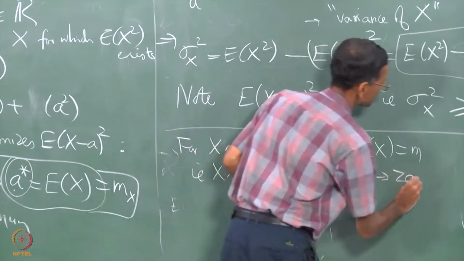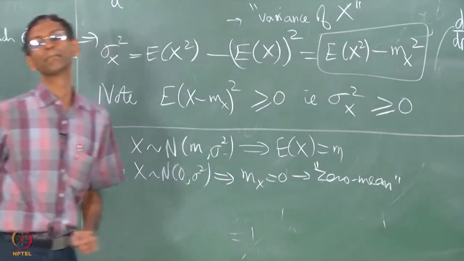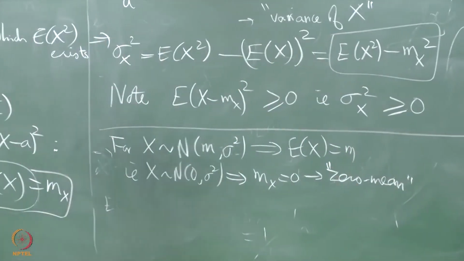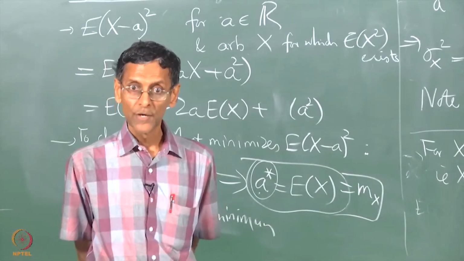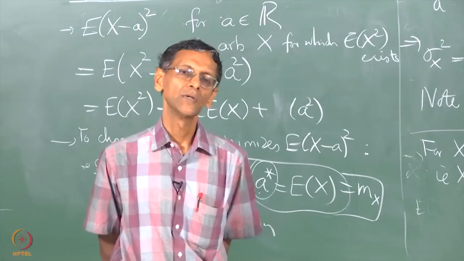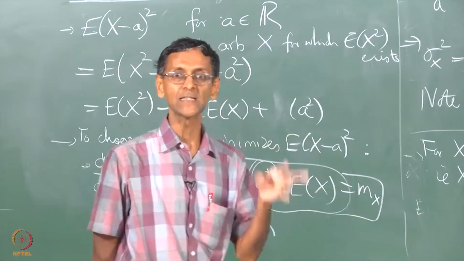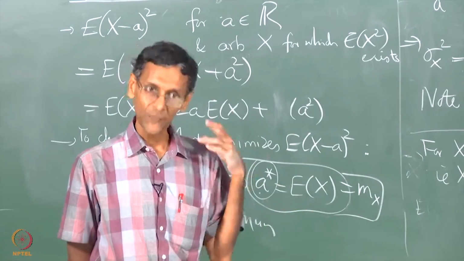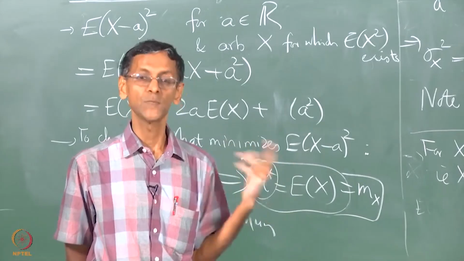This is an example of zero mean. You can have a great many situations where the mean is 0. In this particular case the PDF is symmetric about the origin, and therefore the mean, which exists, has to be 0.